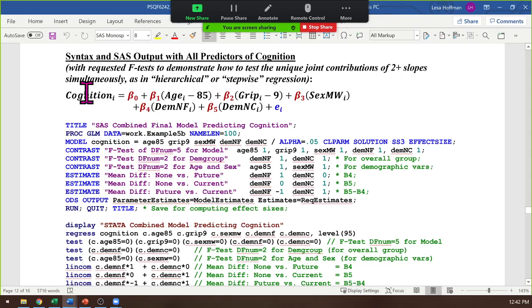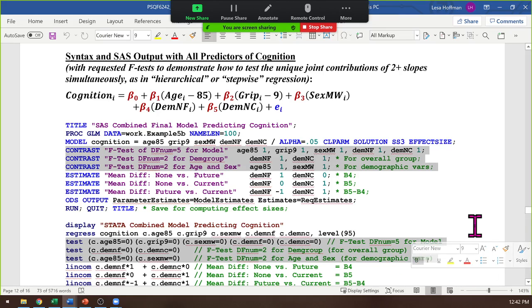So in this model, for instance, we have 5 predictors, and I have a couple examples of contrast. So they are in SAS, and here are the analogous statements in Stata. And the first one is a reproduction of the F-test for the model.